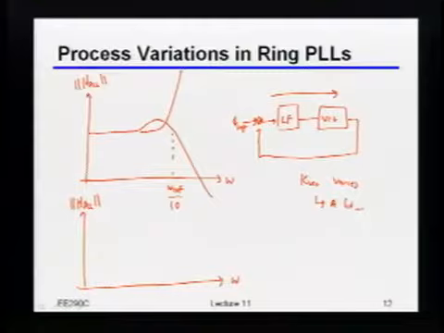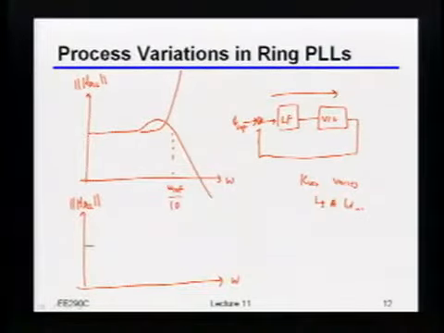Where are you going to put the nominal loop bandwidth? Just speak up. Yeah, okay. Because it varies by a factor of 2 in either direction, I have to make sure that in the worst case, if KVCO is as large as it possibly could be, I'm still stable, right? So that means that nominally I have to back off by a factor of 2.